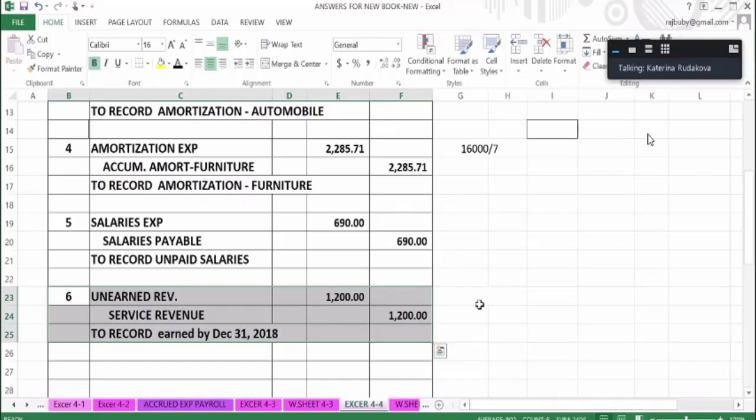Closing entries. Accountants may perform the closing process annually. Closing entries are journal entries used to empty temporary accounts, revenue, expenses, and drawings accounts at the end of a reporting period and transfer their balances into a permanent account, capital. The use of closing entries resets the temporary accounts to begin accumulating new transactions in the next period.